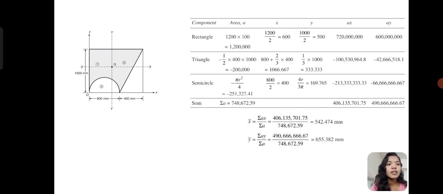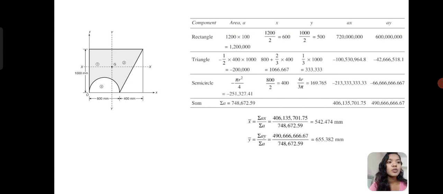In the semicircle, the area is pi r square, where r square means 800. 800 divided by 2 is equal to 400. The y bar is 4r by 3 pi, where the radius is 800, divided by 3 pi. Pi means 3.142, which is equal to the answer.